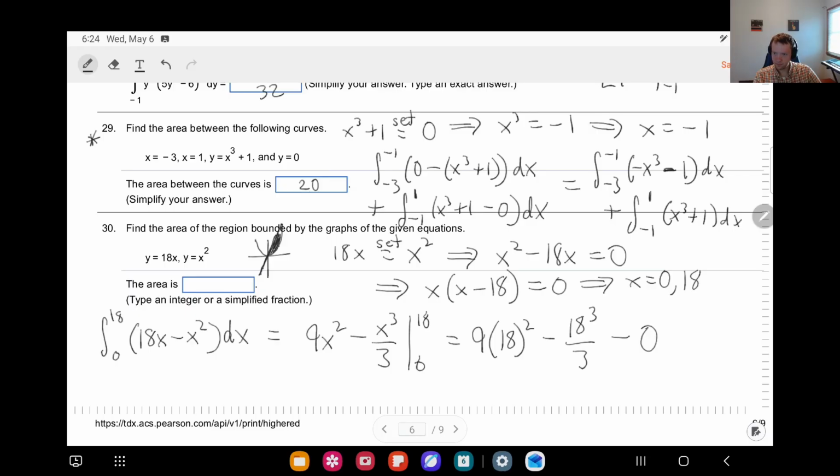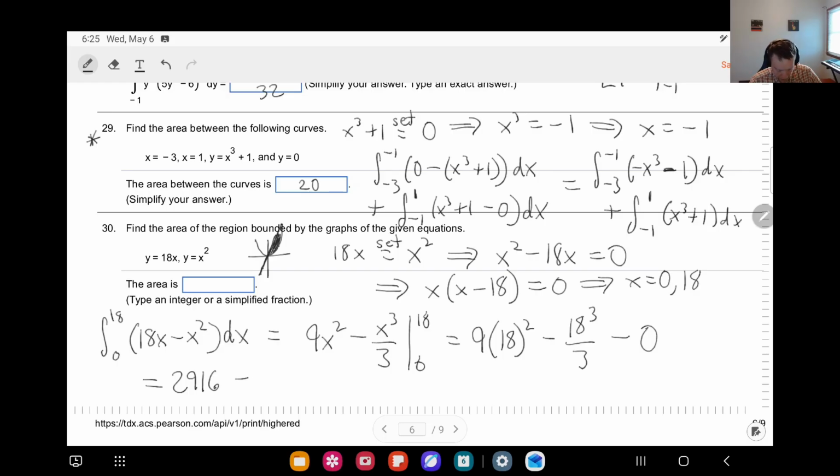Okay. Trying to look for anything nice here. Yeah, so I think I'll just want to type these into the calculator. So 9 times 18 squared, that is 2,916. Then 18 cubed, excuse me, minus.